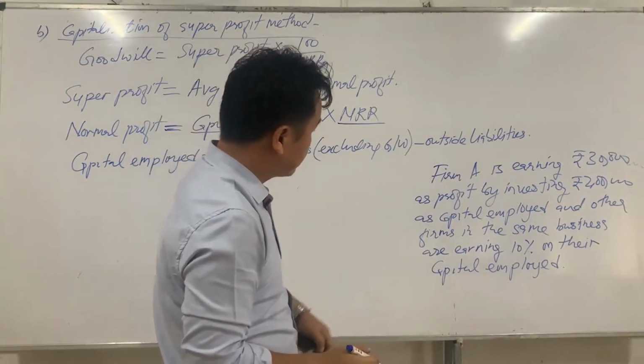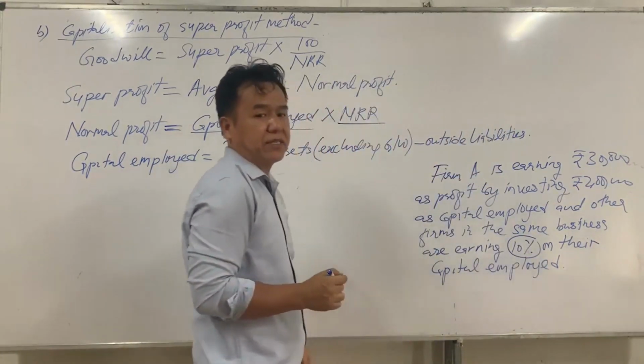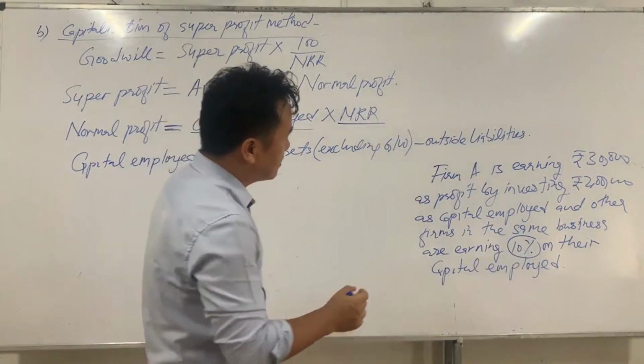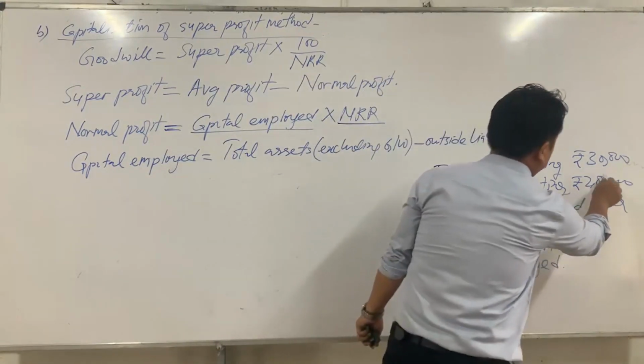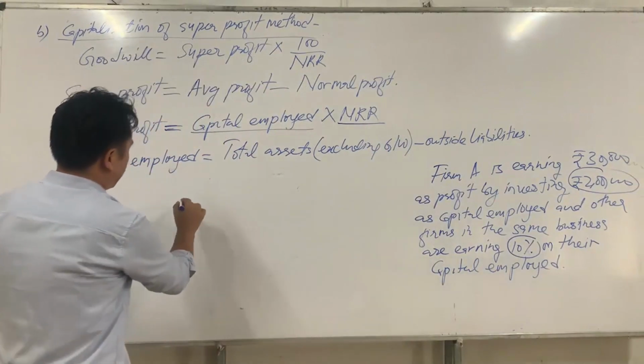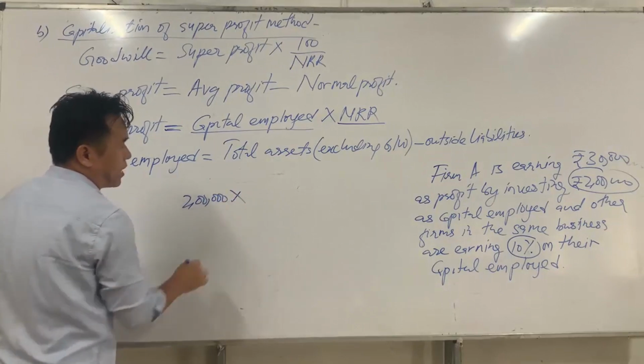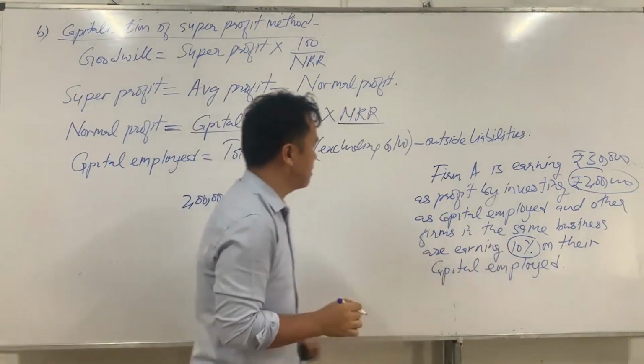So here the normal rate of return is 10% in the market, and capital invested by the firm is how much? 2 lakh. So here 2 lakh multiplied by what is normal rate of return? 10%.